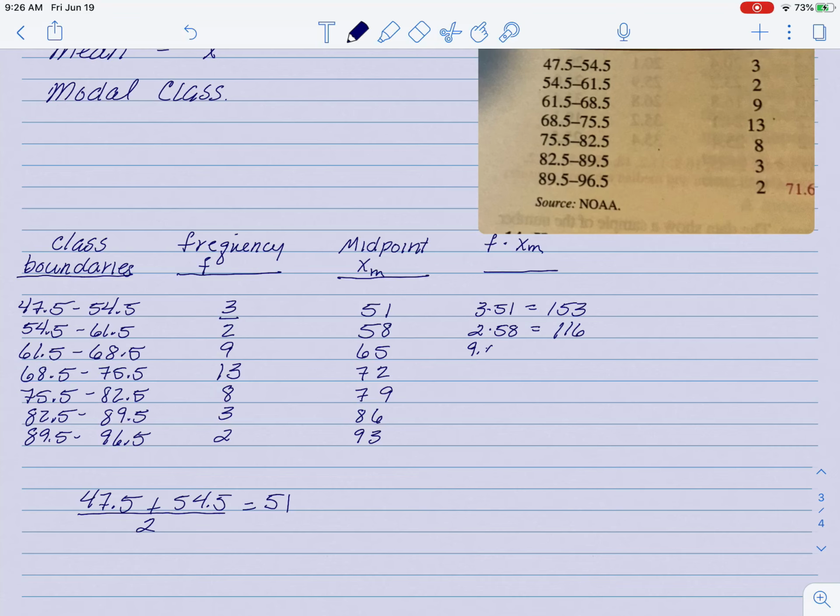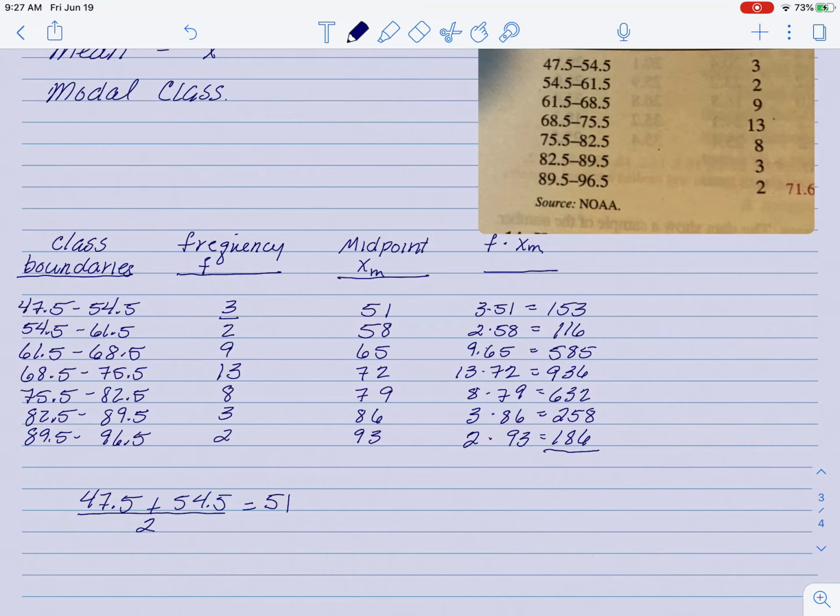Then we have 9 times 65, it's 585. 13 times 72, that's going to be big, 936. 8 times 79, 632. 3 times 86, 258. And 2 times 93, 186.